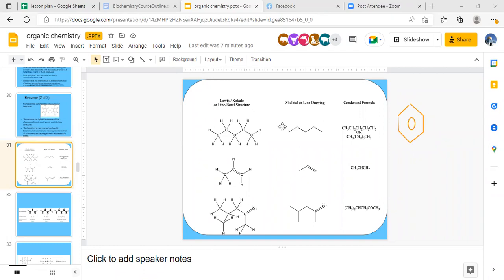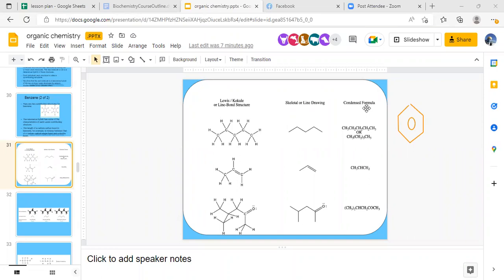Okay. So sometimes it's hard to always draw that many atoms, right? So what we do, our shorthand, is we just combine all the hydrogens on one carbon and we can come up with the condensed formula. So instead of drawing all of this, which will take a lot of time, we have this condensed formula.